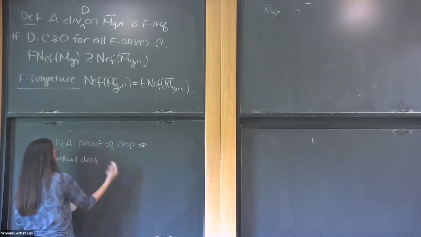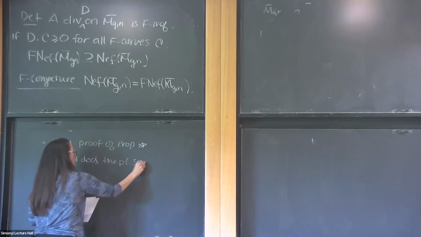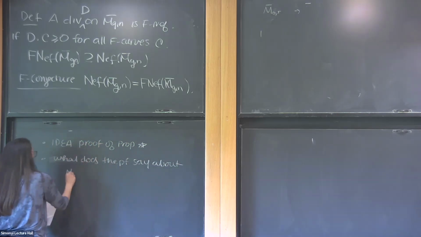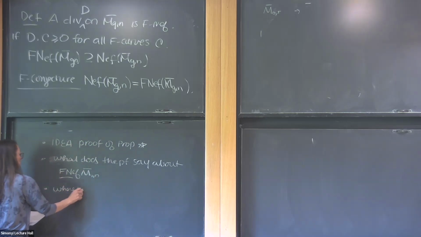And what are the limitations? With F-nef, what part of the cone does the proof see, in my opinion, and where should we go?